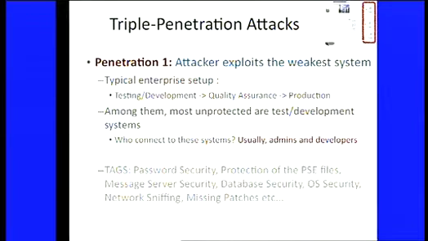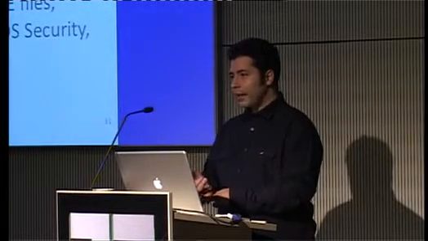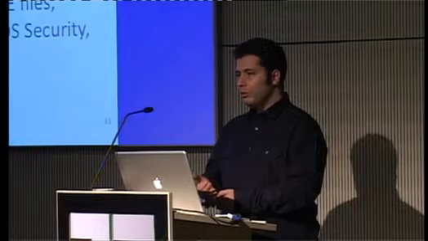So the first penetration, the attacker exploits the weaker system. I mean, I just write this here because when you ask the business guys, the important system is the production system, right? It's very important. But the truth is, if you look at the test or development systems, who connects to them? Developers, admins. So the most important guys are actually the users of those systems with weakest security settings.